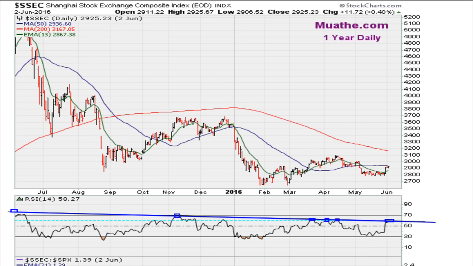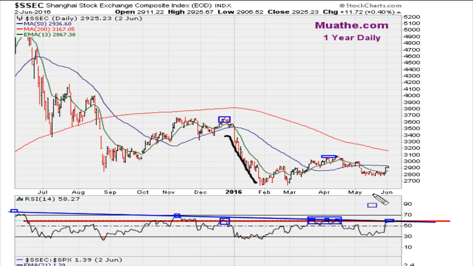So that's one layer of resistance, and the other one is off this red line here, which has been a problem. In fact, you can see the highs of December before the big drop happened to be around that red line, and since then we can see that there was also rejection around the red line for the highs here, and now we are coming back to test that red line. So those two lines do represent some strong resistance.